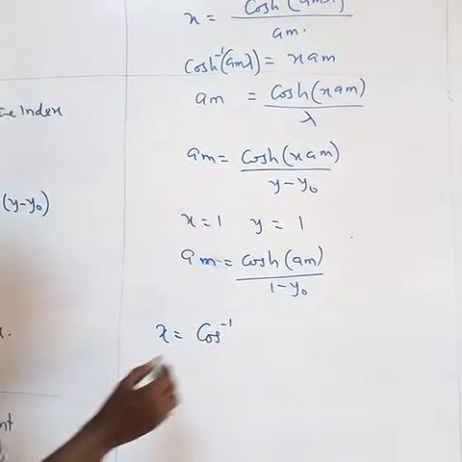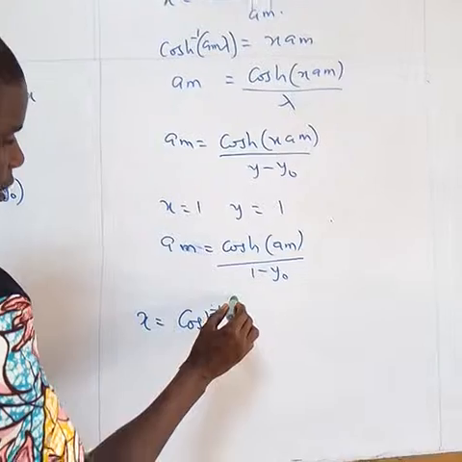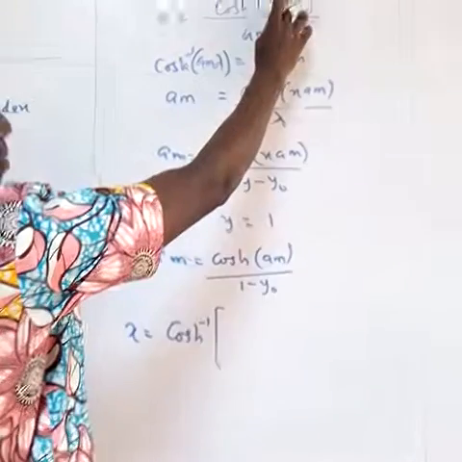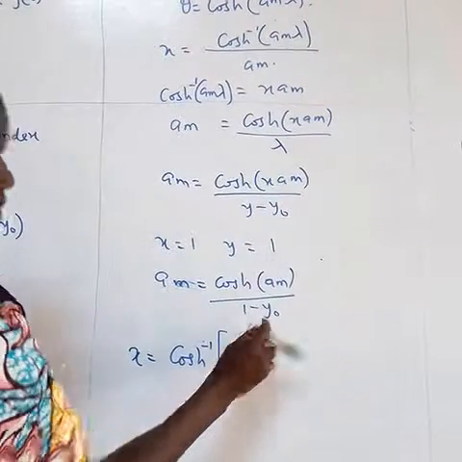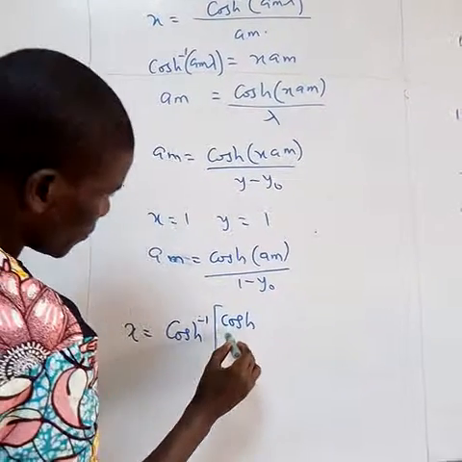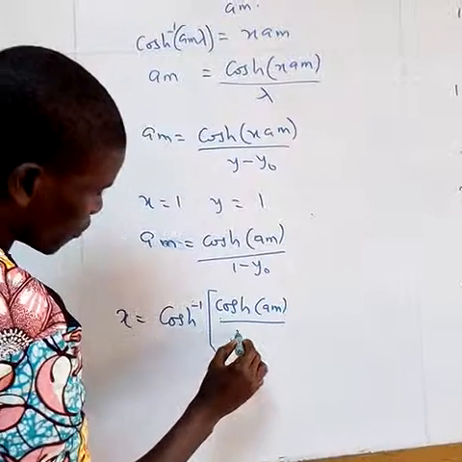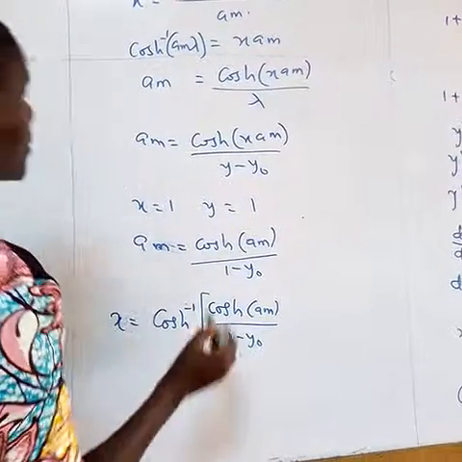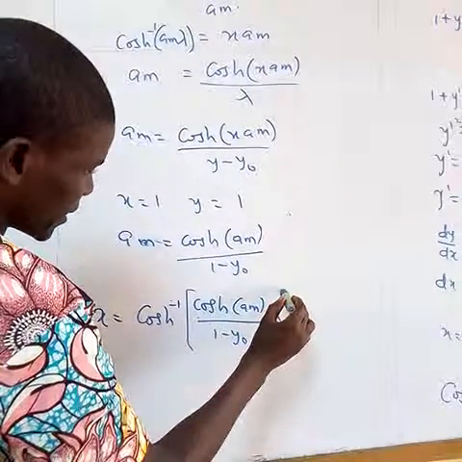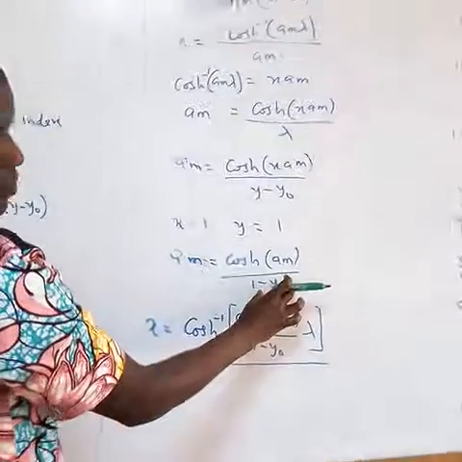arc cos of, what is am? Am is this. So we have cos am over 1 minus y naught, into, we have lambda here, against, what is this am also? This am is the same as this.